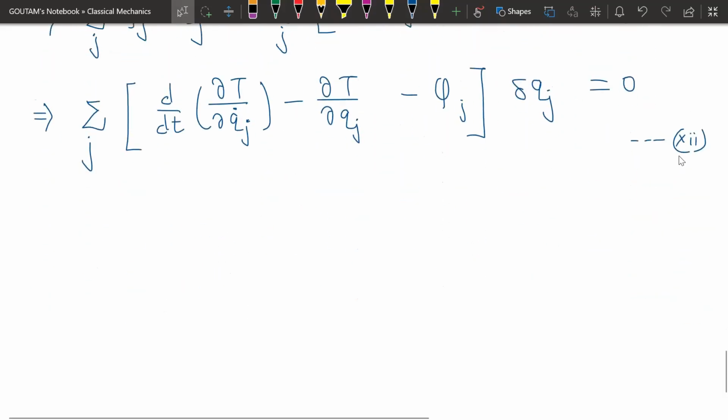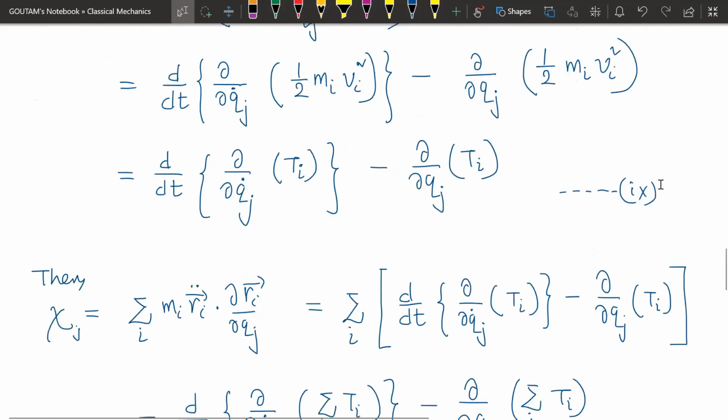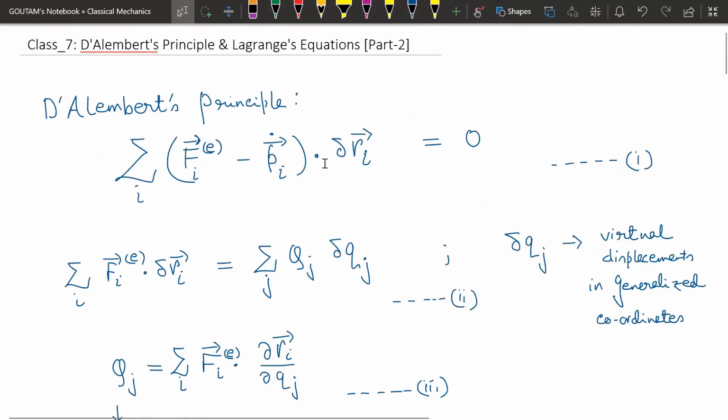Now look at equation 12, and look at equation 1 first. Here we have these delta ri's. The delta ri's are not linearly independent. So when a sum of coefficients times delta ri equals 0, we cannot write that the coefficients are individually 0, because the delta ri's are not linearly independent.